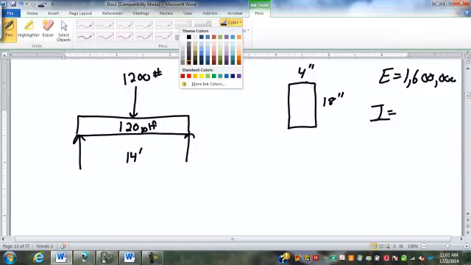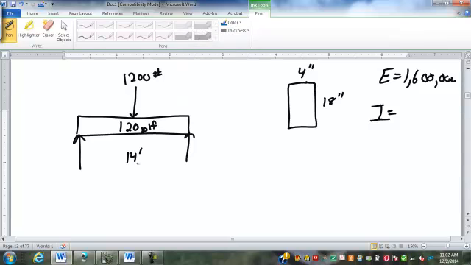So let's see what we got. First of all, our span 14 times 12 is 168 inches. What'd you get for the moment of inertia? 1944.